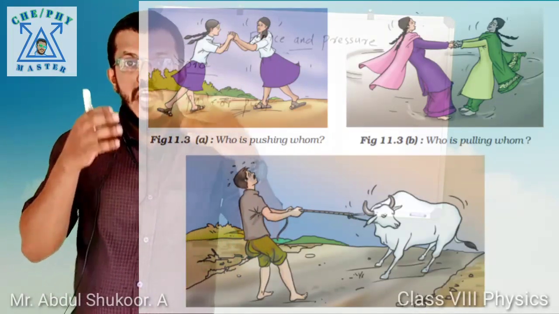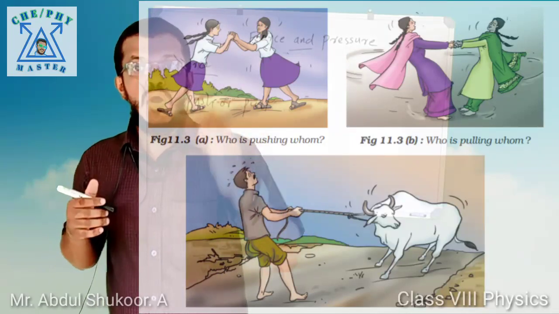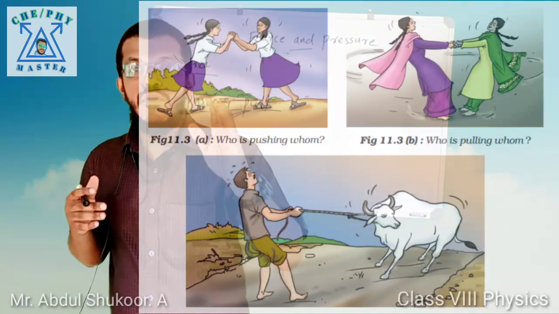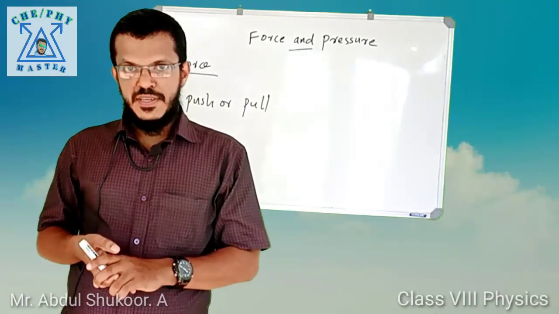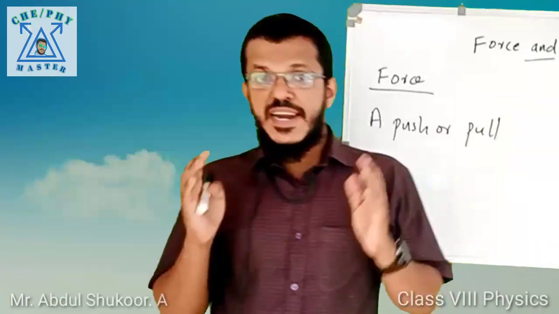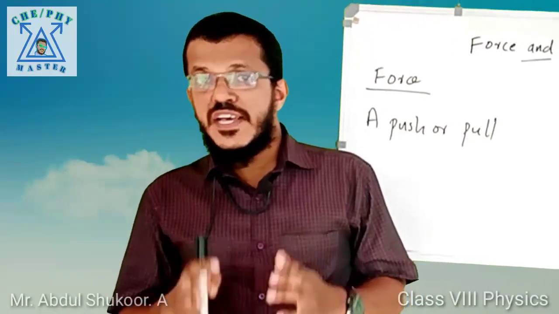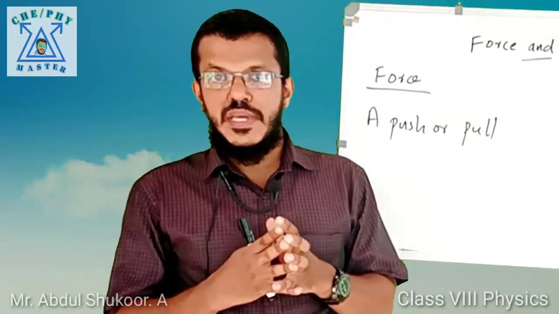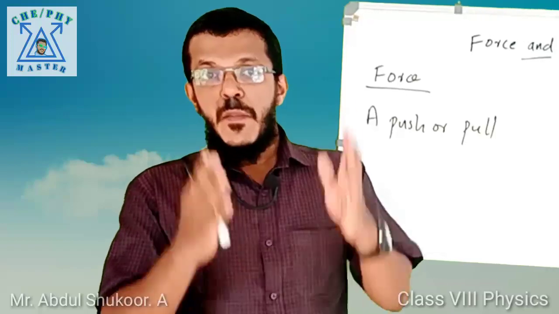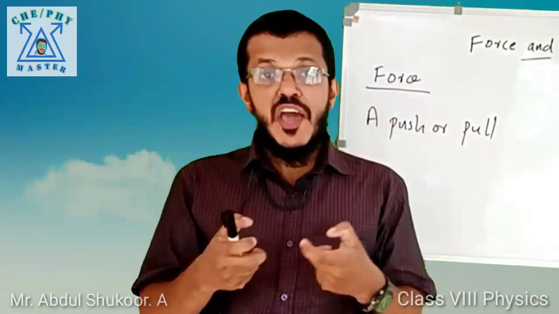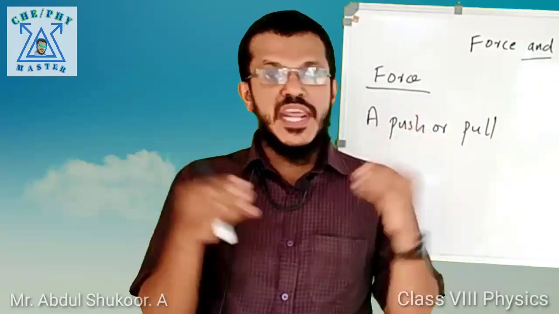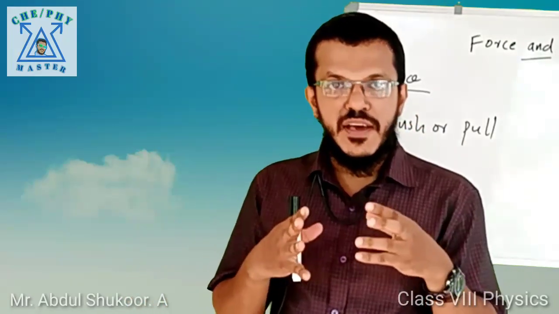The girls in the two situations shown here are applying force, aren't they? Yes. The girls are applying forces on each other. It is also true for the man and the cow; they also experience force on each other, isn't it?